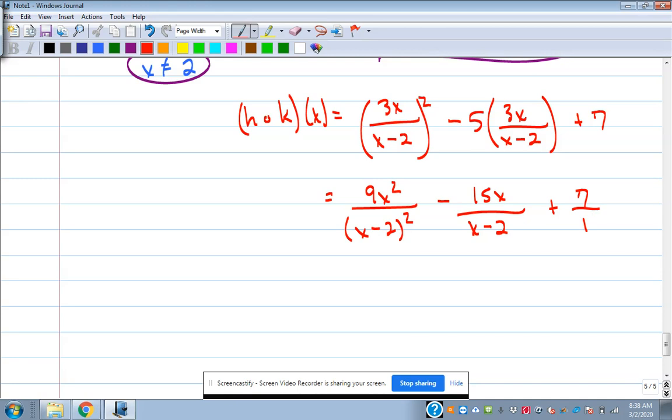I wrote that as a fraction for what reason? Because what's it doing with three fractions there? Putting them together. We want to write this as one fraction. We want to write this like one of our functions in the last chapter of the rational functions, which is one fraction. So we need to find a common denominator.